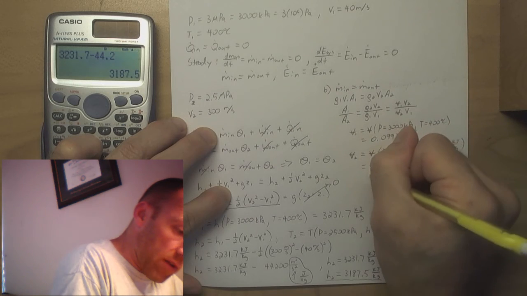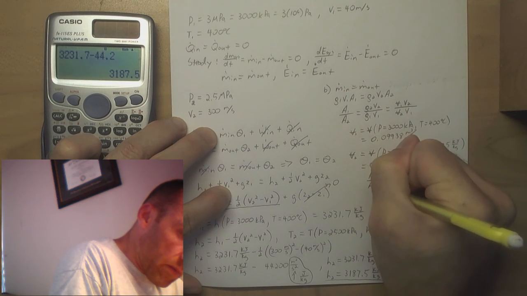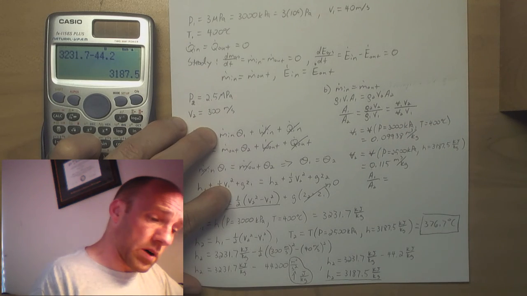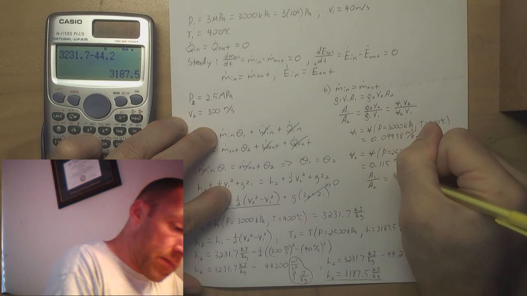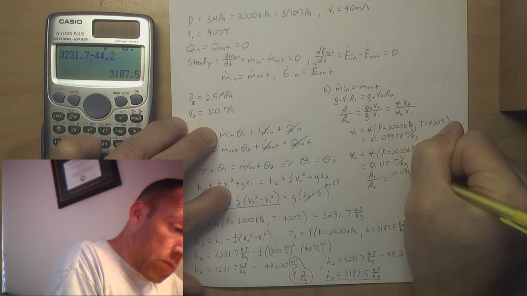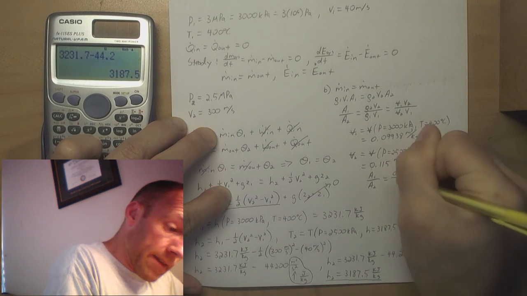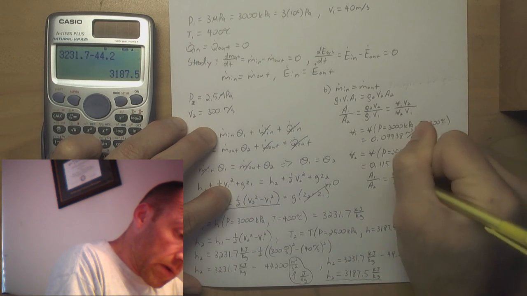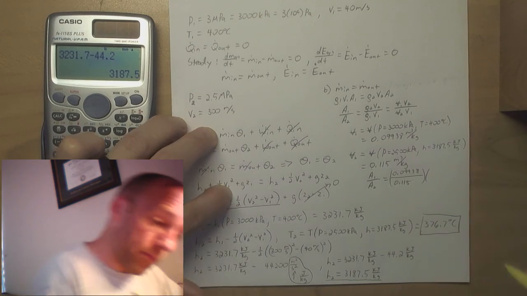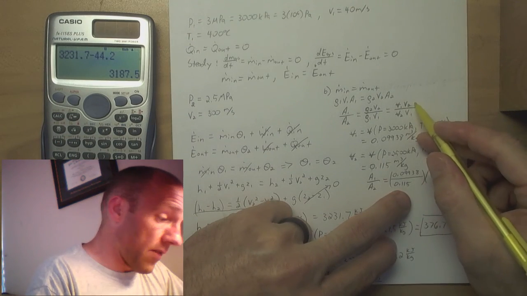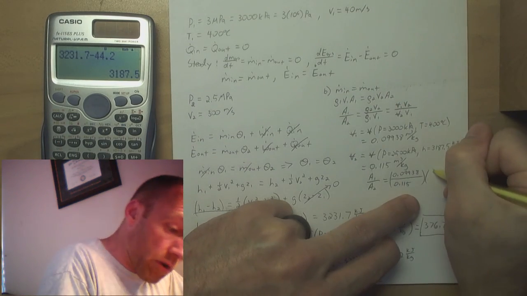So A1 over A2 is equal to, and I need the velocity at state 2, which is 300.